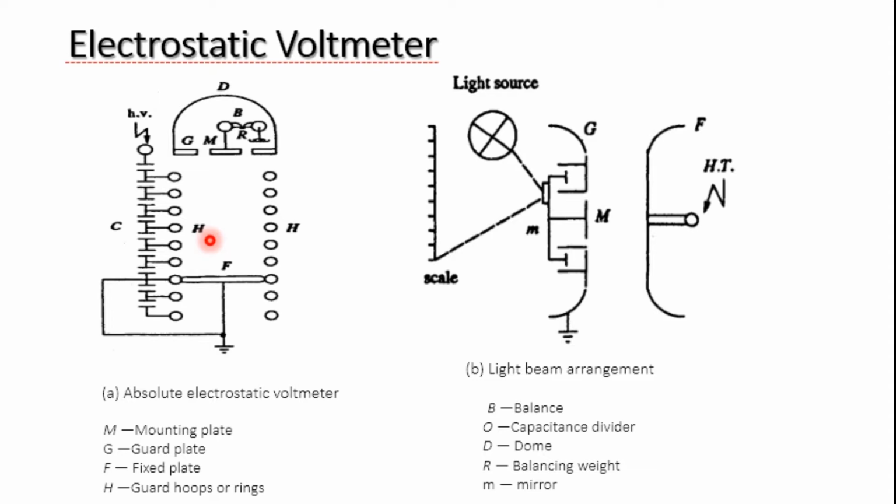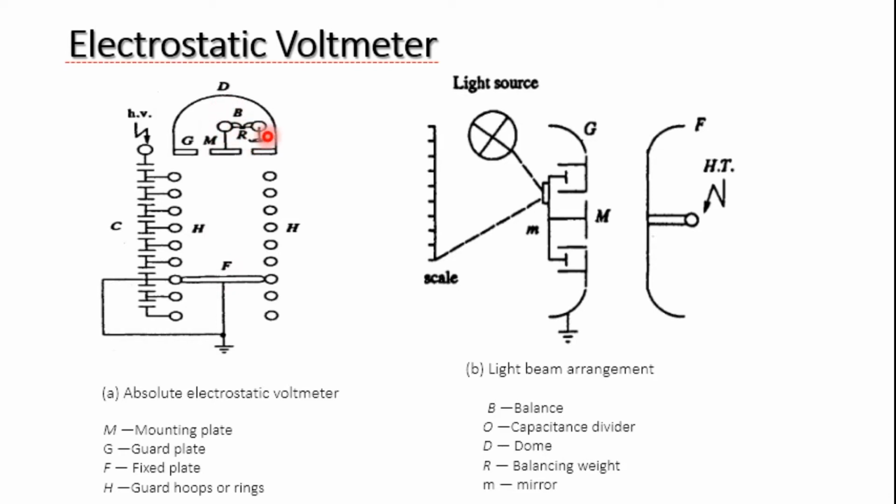In a simple way, this is the moving one, and this is the fixed one, and we have many stages of capacitance. As the value of the capacitance changes, the force exerted on the element varies, resulting in the moving arm trying to attract between F and M. So this is the counterbalance.